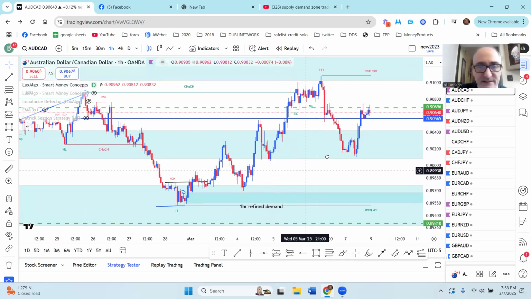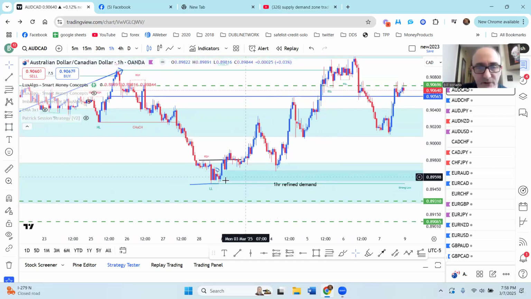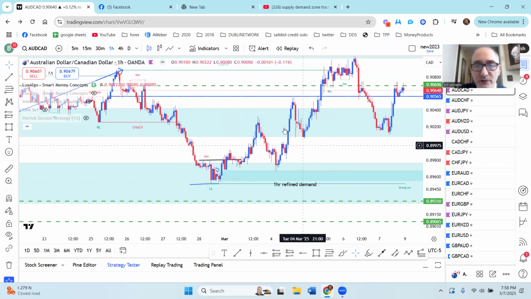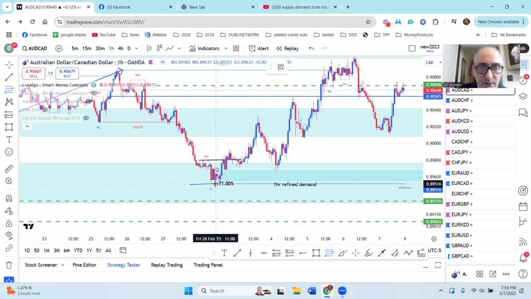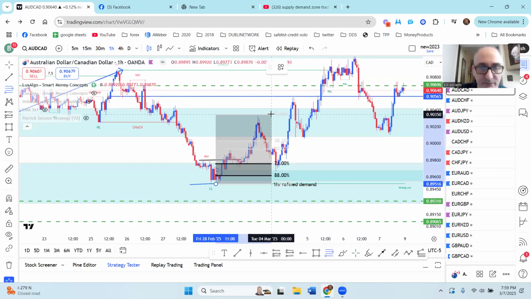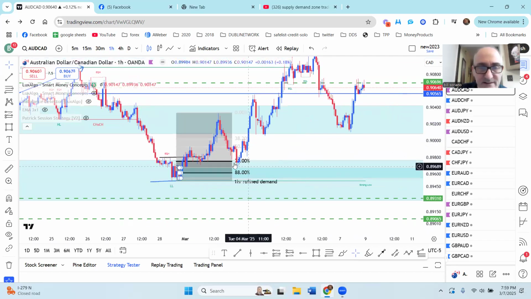So that was AUDCAD. The other thing you could do sometimes is when you can't find imbalance on the 1 hour time frame, we had imbalance here, but when you can't find that imbalance, sometimes you can use your fib retracement tool. If you take it from that low to this high right here, and then wait for a pullback to this 71 zone, which you get right here, it comes back to that zone and then takes off.